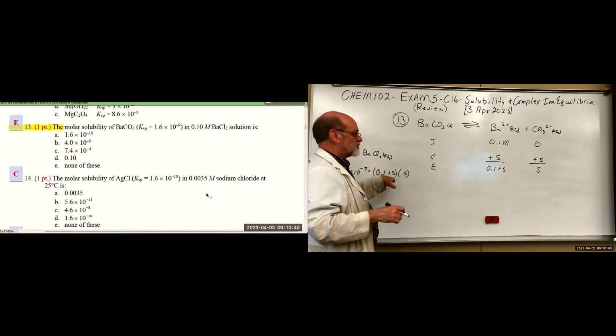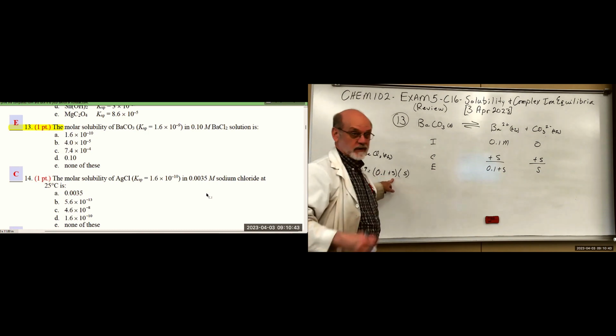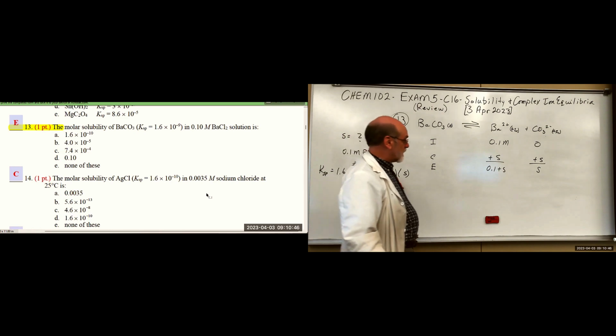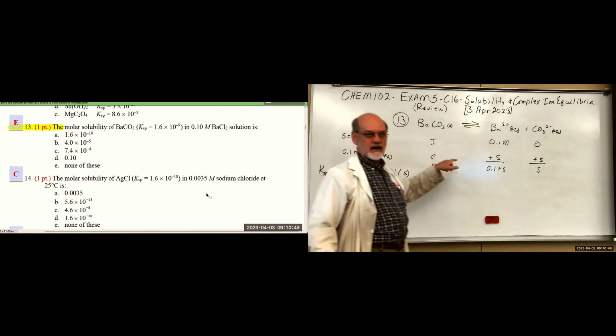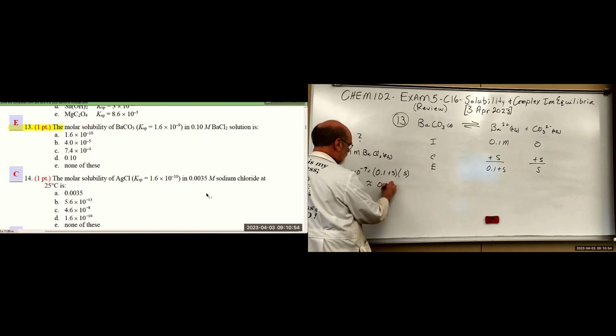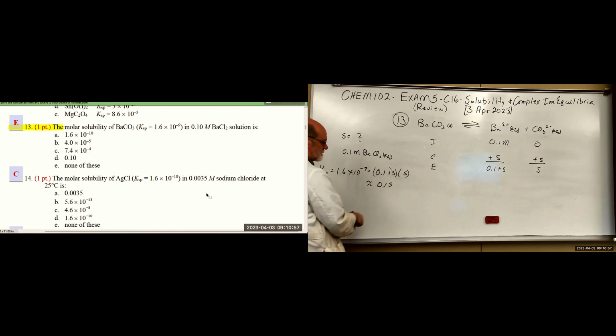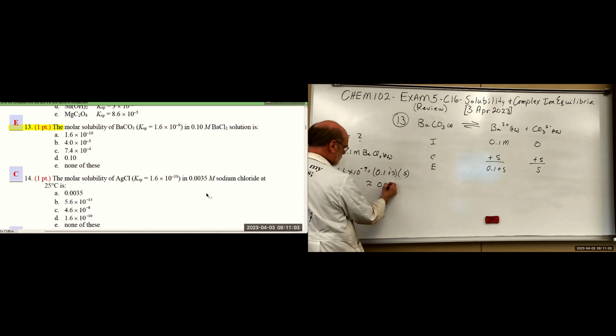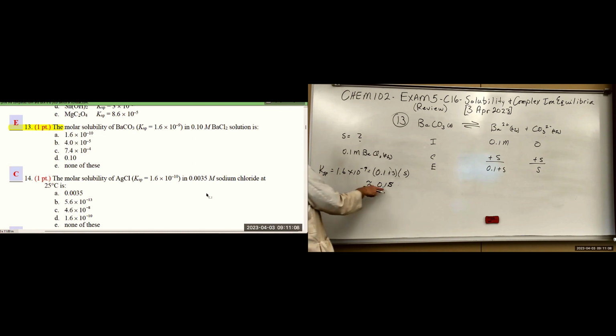This S is going to be a small number, even smaller because some barium is already there, the common ion effect. So what we can do is say it's actually 0.1 times S. We drop that S out. We just need to divide this by 0.1 or multiply it by 10. So S would be 1.6 times 10 to the minus 8.